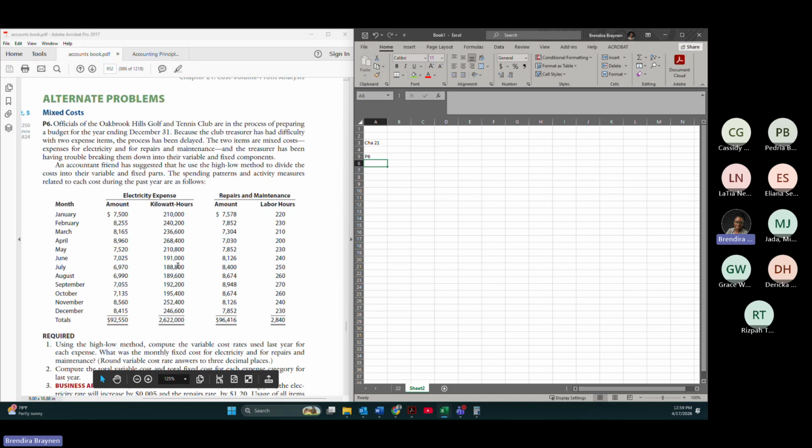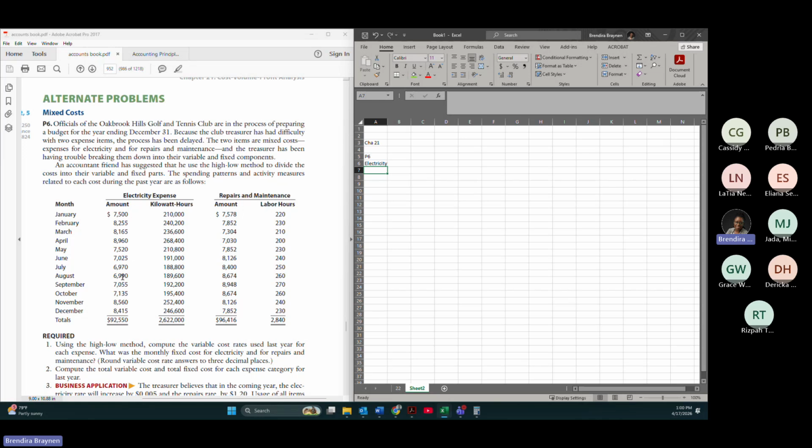All right. So when we use the high-low method, we have to look at each item individually. So I'll look at electricity first. When I look at electricity, I'm identifying the one with the highest cost amount versus the one with the lowest. So high, low.